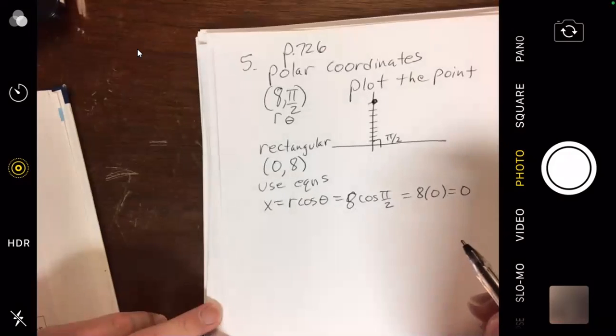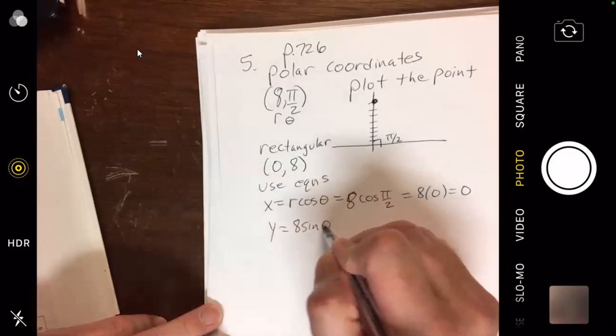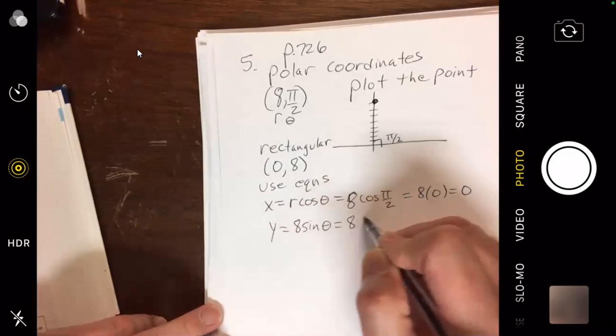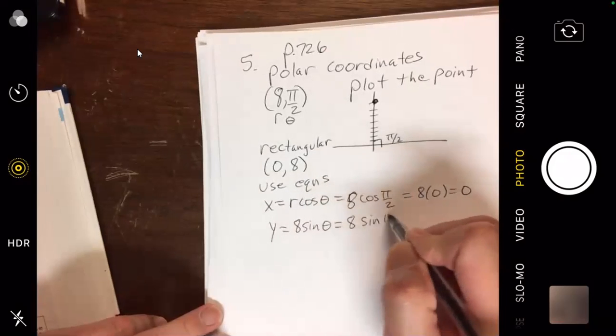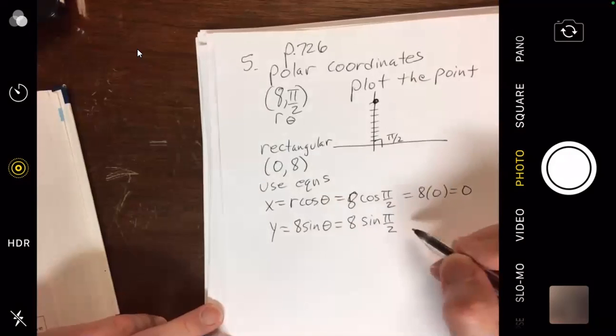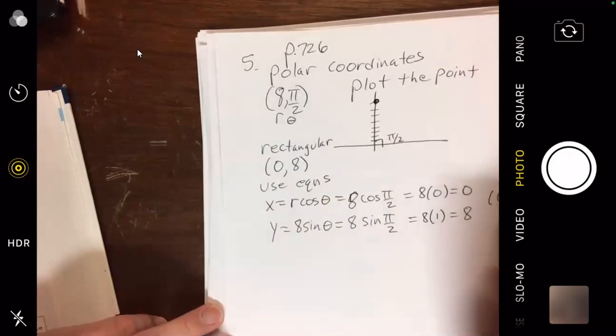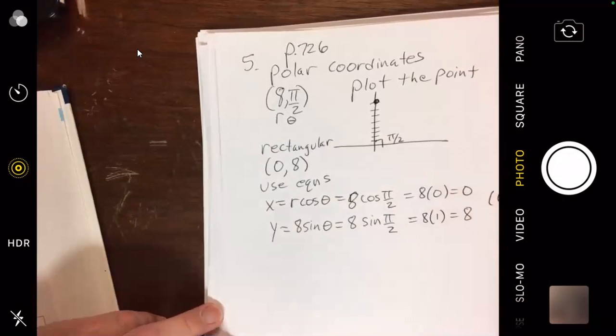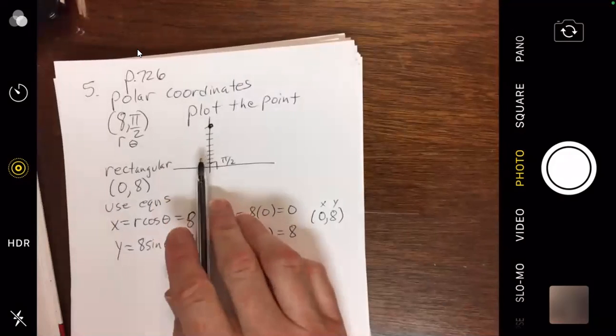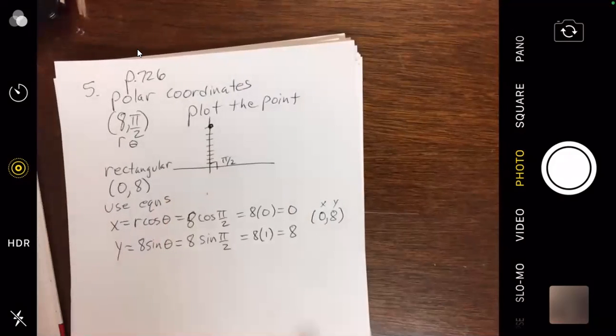Y equals 8 sine theta, which is 8 sine pi over 2, which is 8 times 1, which is 8. And there's your coordinates, 0 and 8. X is 0, y is 8. So yeah, sometimes they give you simple pictures you can do in your head, but you can always use the equations.